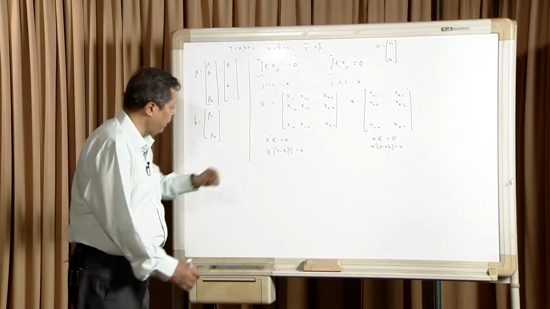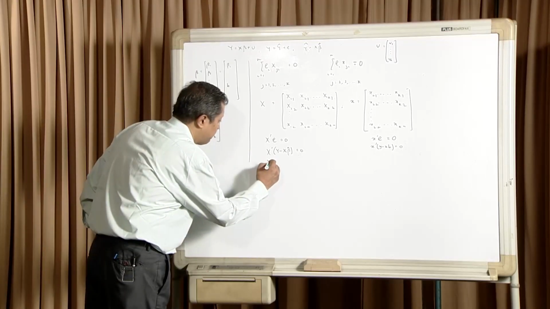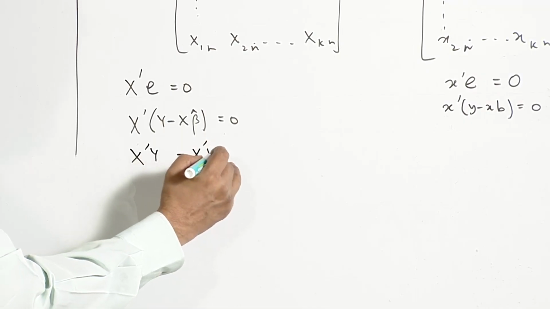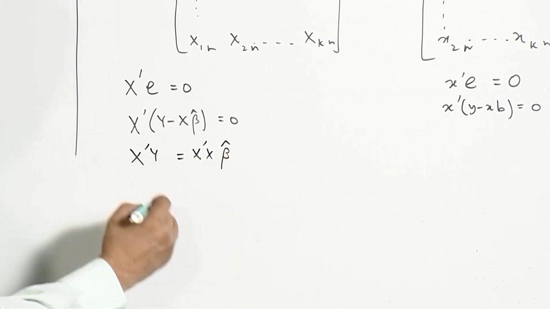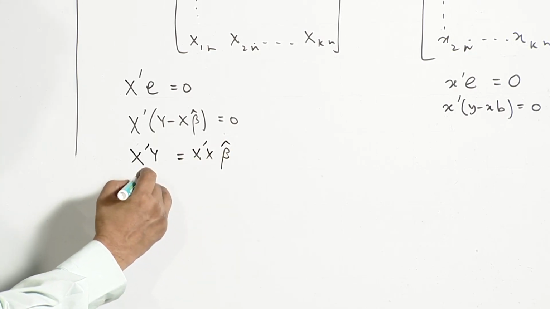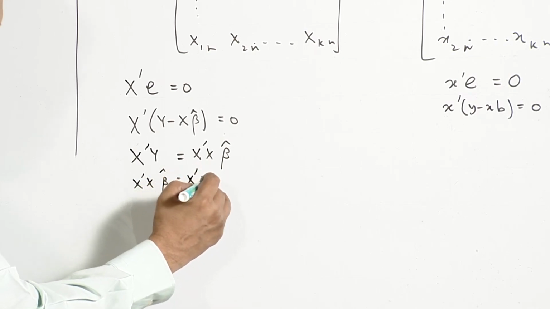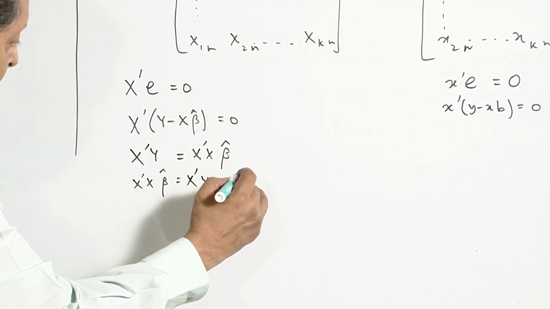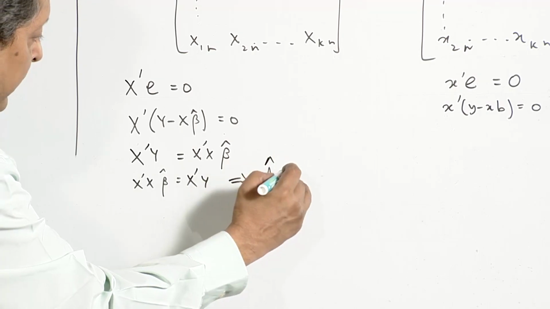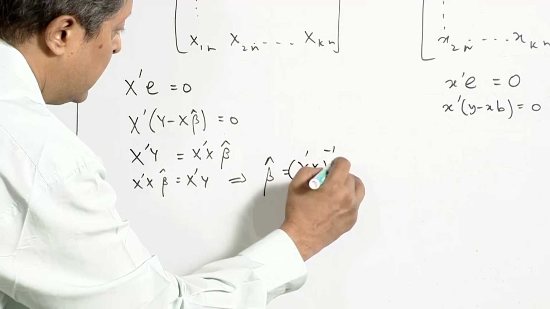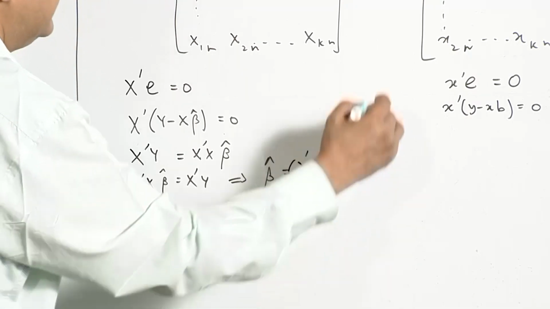And if you now multiply, you will get X prime y is equal to X prime X beta hat, which means X prime X beta hat is equal to X prime y, which implies that beta hat will be equal to X prime X inverse X prime y.